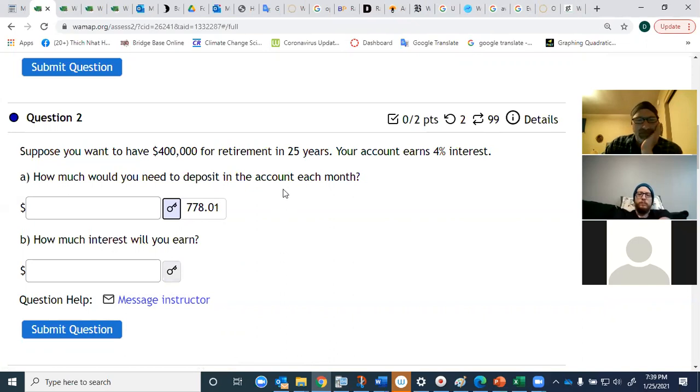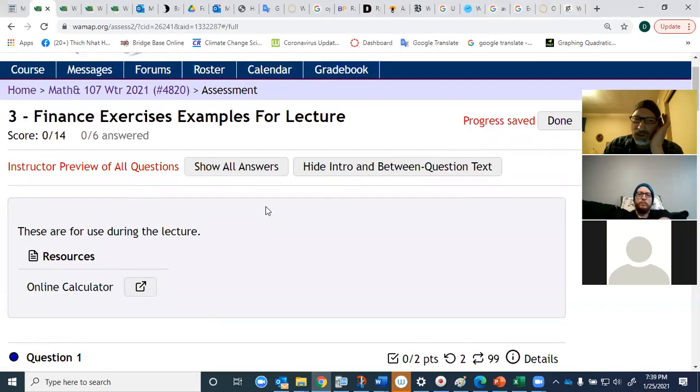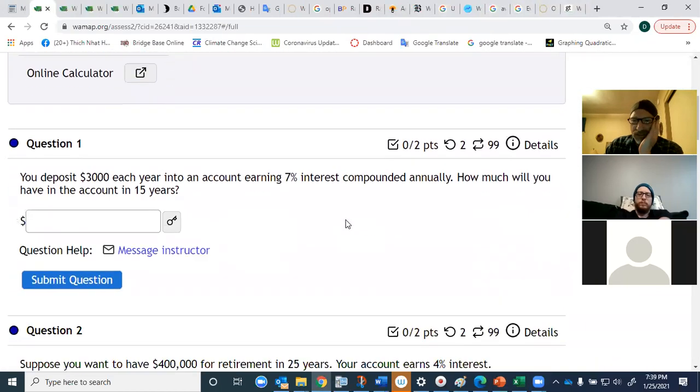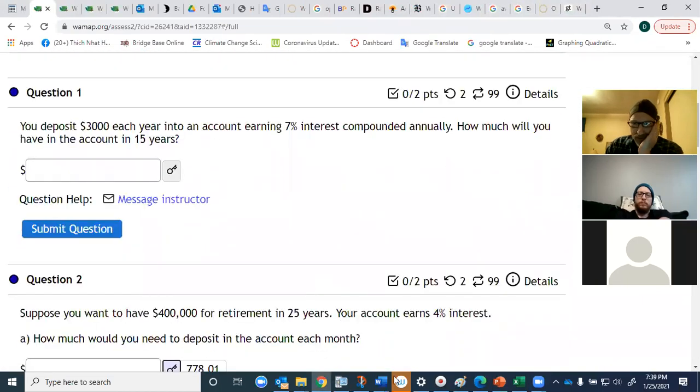Now, let's go back up, and I closed this resource. Oh no, I guess I didn't. It's somewhere on here. Where is that? I think I need to go like this.